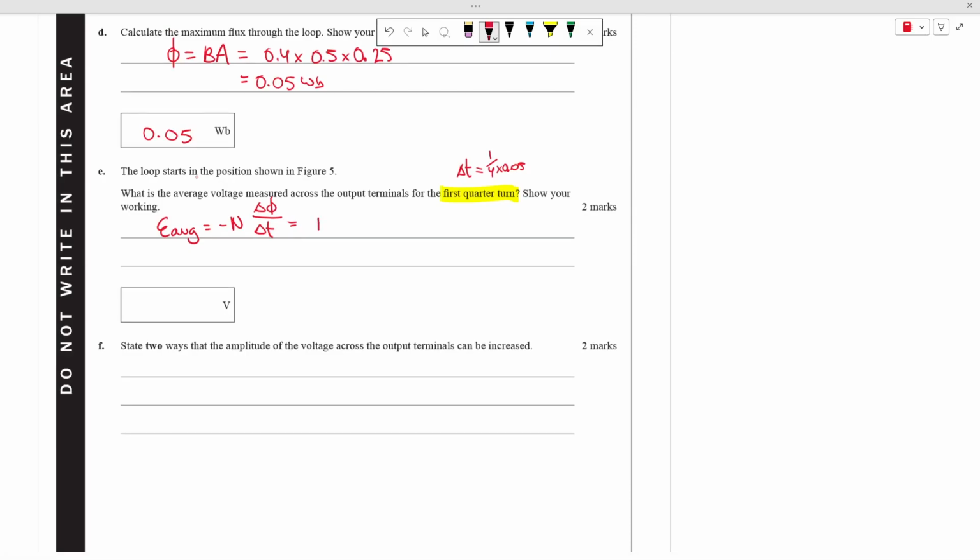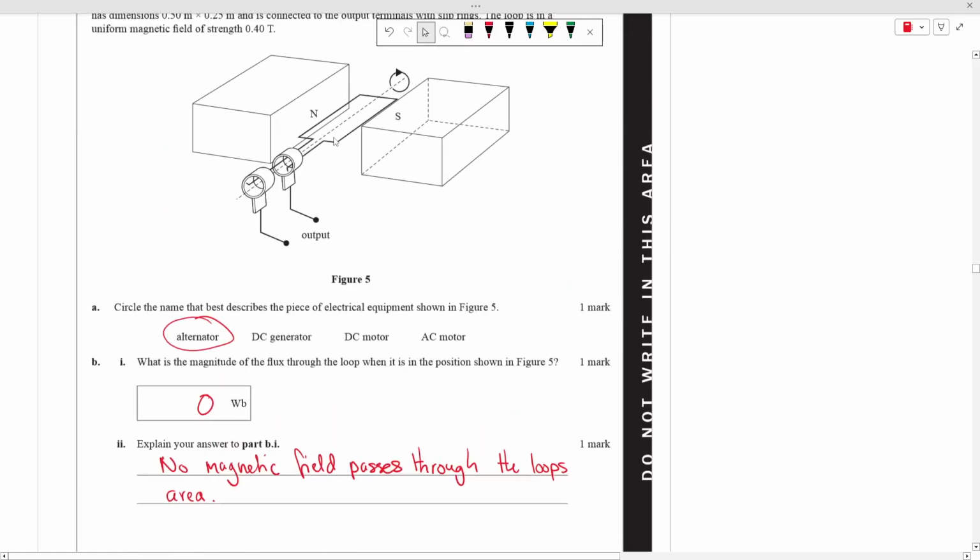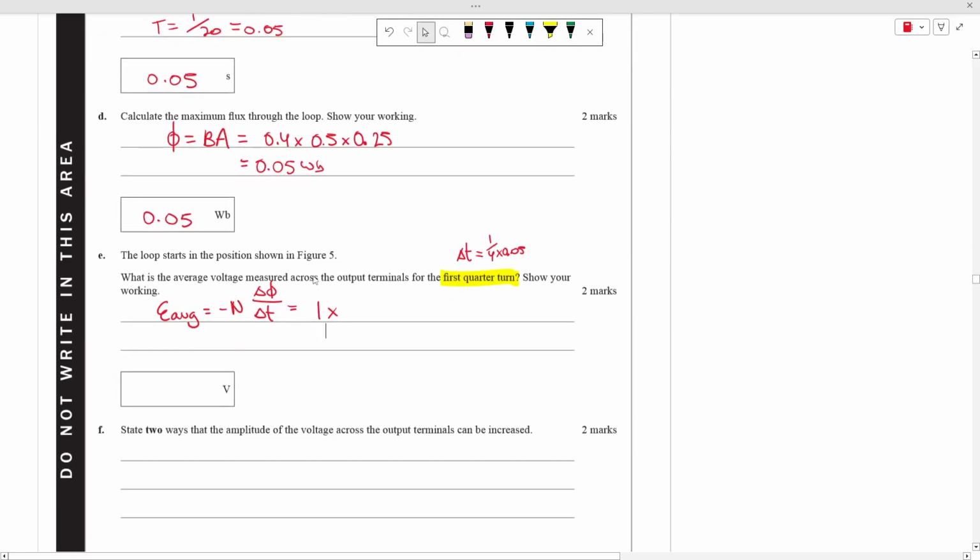Don't worry about the negative for now. 1 times change in flux, well, it goes from 0 flux to maximum flux in a quarter of a rotation. That maximum flux is 0.05, so that's going to be 0.05 on top. And then underneath, we're going to have the time it takes for it to do that, which is 1/4 of 0.05. So 1/4 times 0.05.